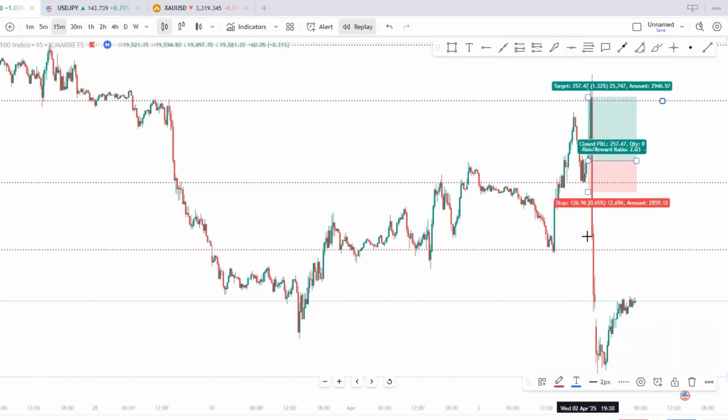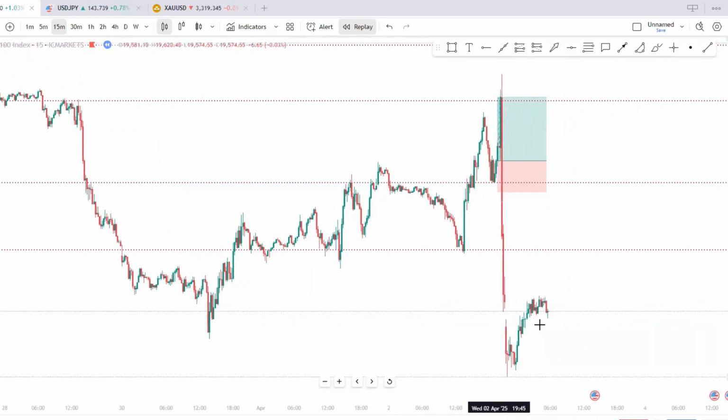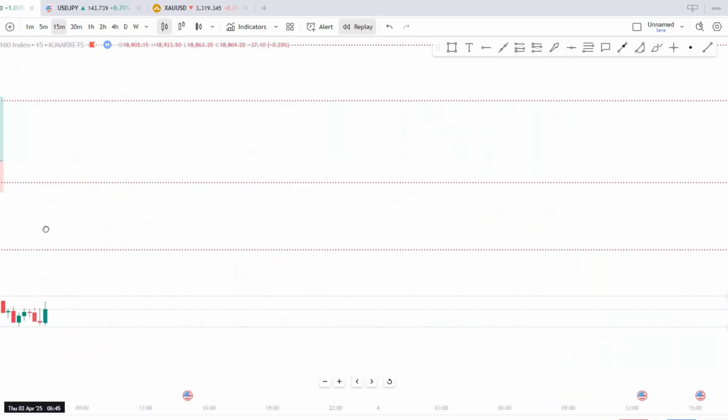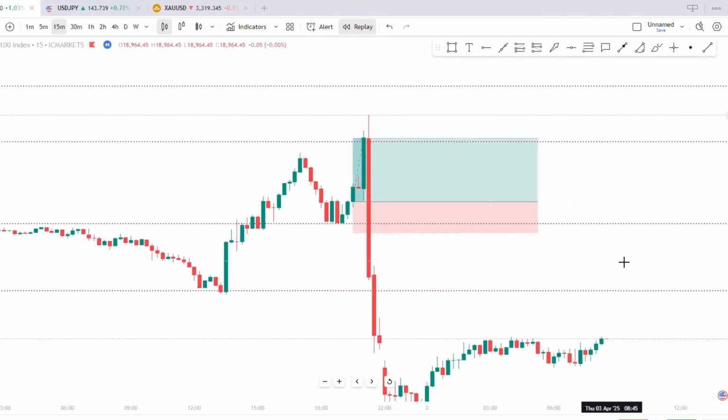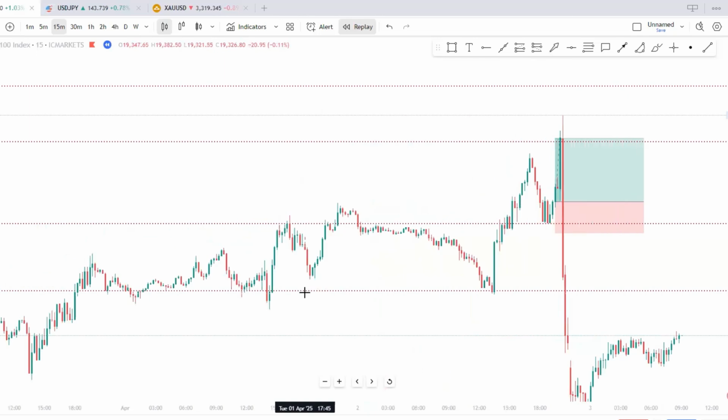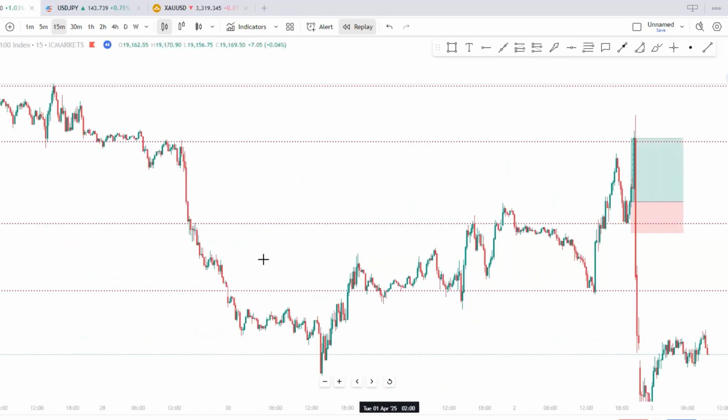As you can clearly see, we got a massive move to the downside with this right here. And as soon as we hit this area, we bounced. So you want to be able to identify these zones and be able to take your trades and make profits within the financial markets using pure price action, right?